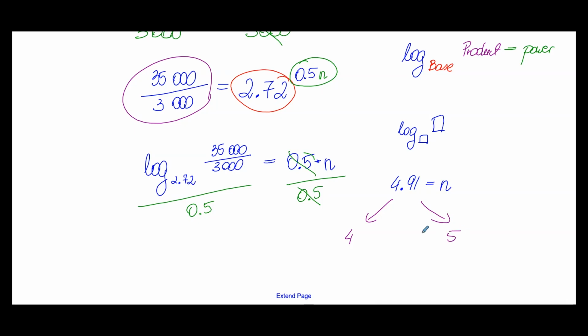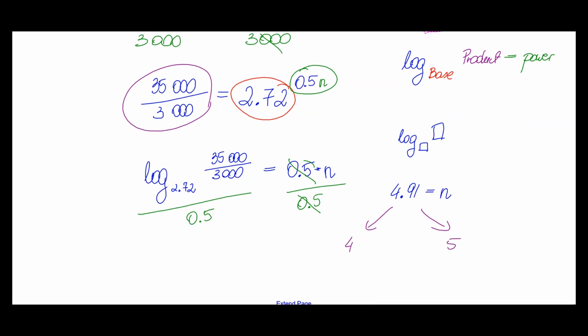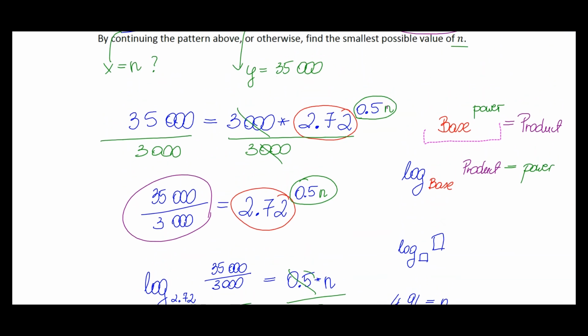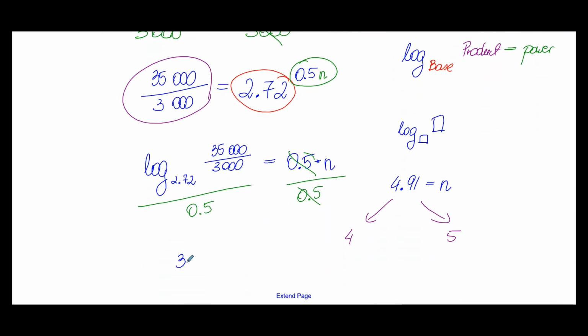How will I know how many bacteria do we have? Well, I know I have a formula for that, isn't it? So that's what I do. I put in my calculator 3,000 multiplied by 2.72 to the power of 0.5 multiplied by 4, I get one value, and then I do the same, but this time to the power of 0.5 multiplied by 5.